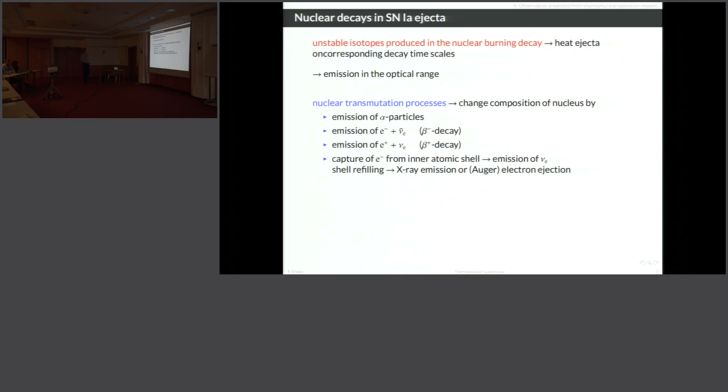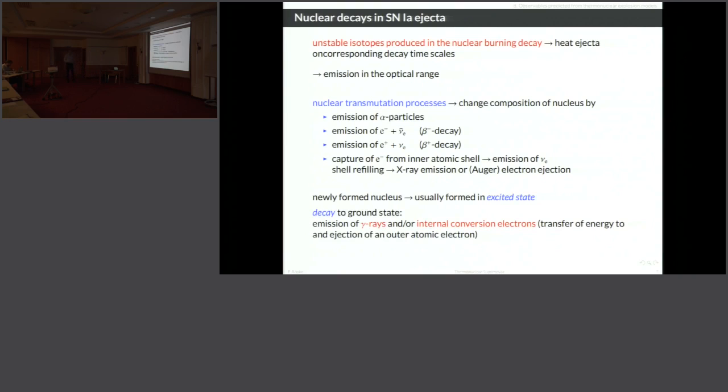Now this shell is left with a hole, and this has to be refilled by other electrons from outer shells filling in this hole, and this gives rise to the emission of X-rays, or the energy needed to fill that hole in the atomic shell structure is transported to an outer electron of the atom, and this is ejected, and this is called an Auger electron.